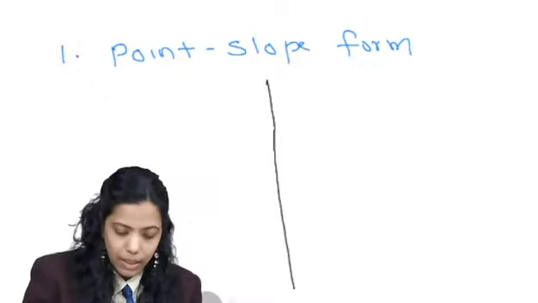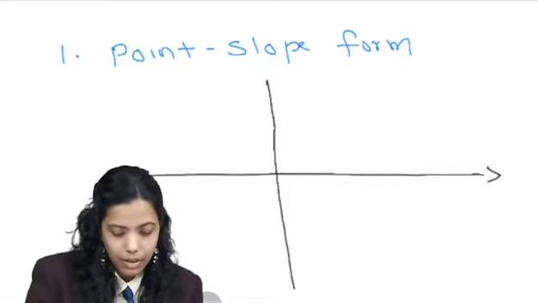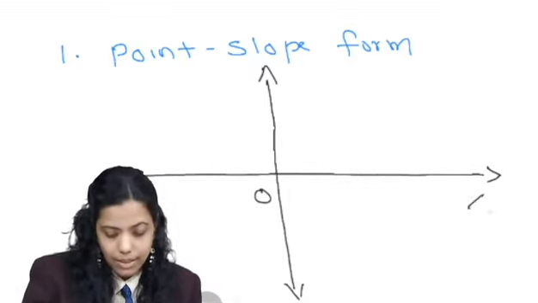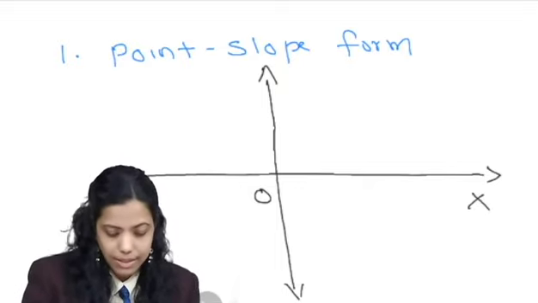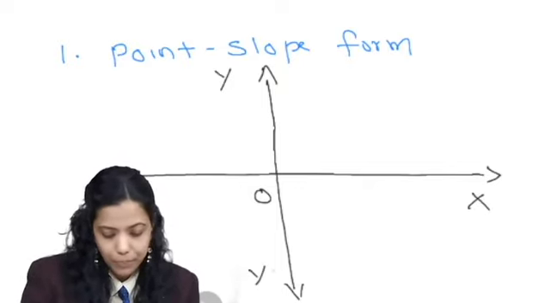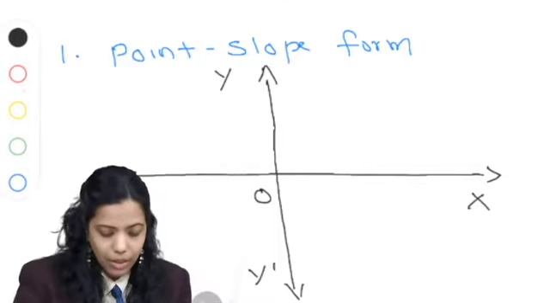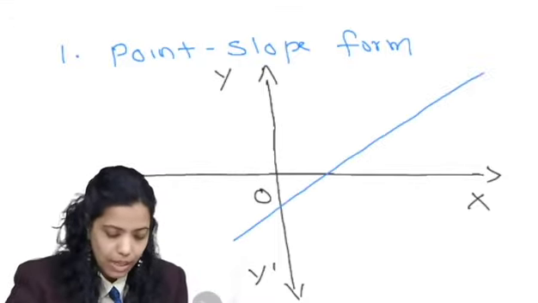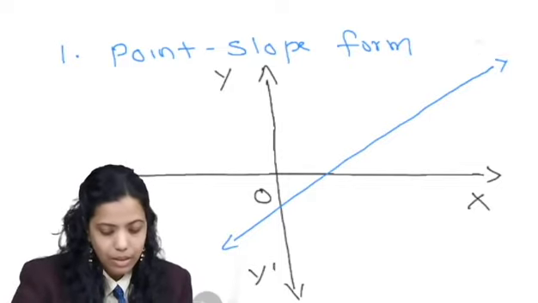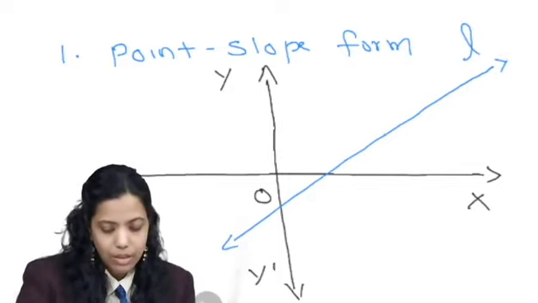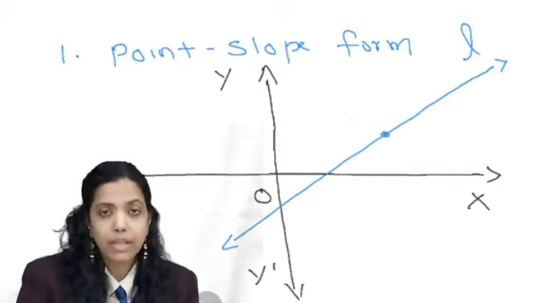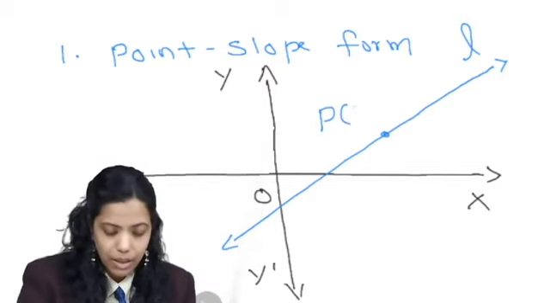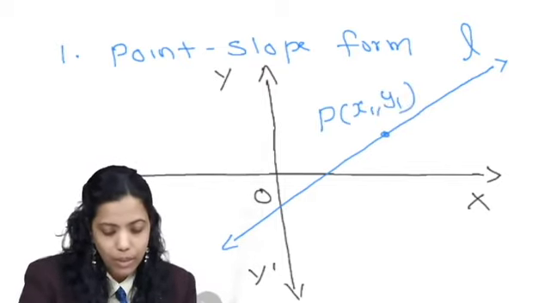On the Cartesian plane, let us mark the axes, the x-axis and the y-axis first, and we can draw a line, say L. Suppose the point on the line, P, is given as x1, y1.